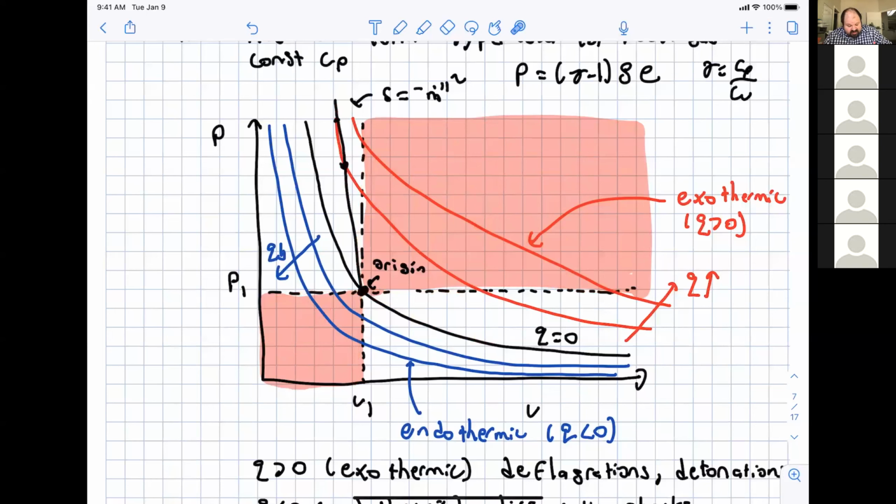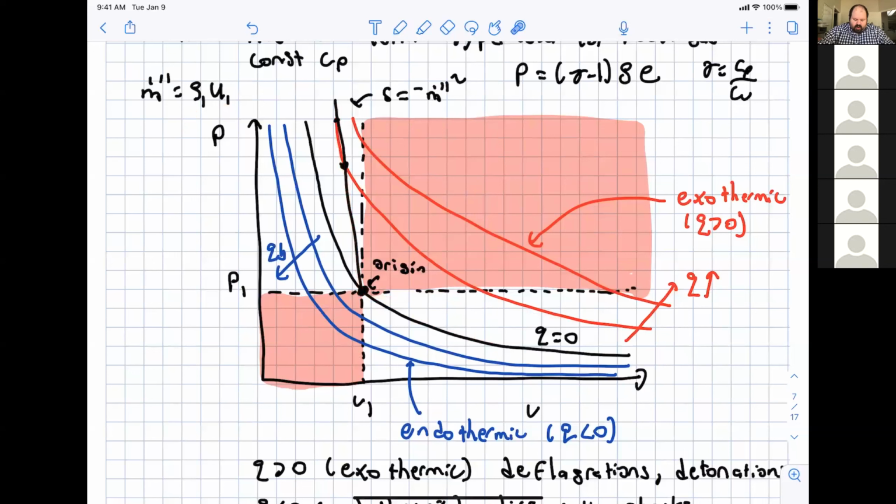The Rayleigh lines are straight lines, and they determine how fast the wave is going, because m dot double prime equals rho 1 u1. Rho 1 is known, but we don't know u1 yet. The steeper the line, the faster the wave moves, and the shallower the line, the slower it moves.